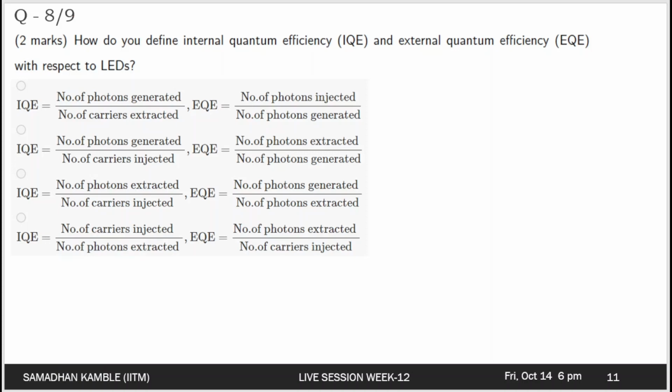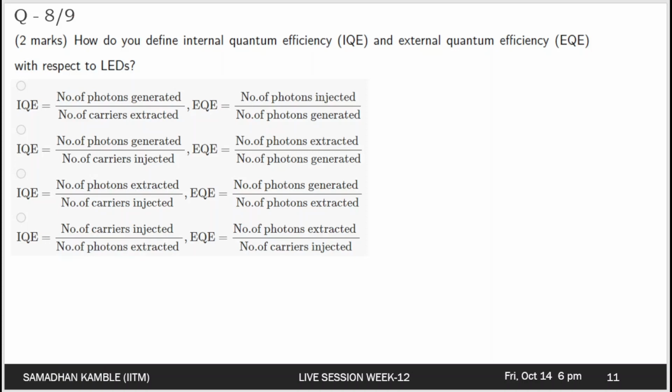Considering the second case, the Fresnel loss, the photons must be emitted from the semiconductor into air. Thus, the photons must be transmitted across a dielectric interface, and there are different parameters.